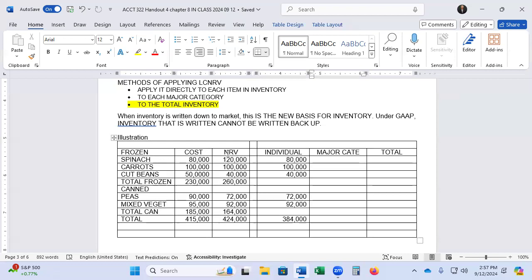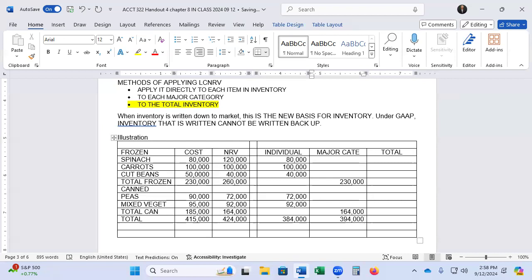Okay, now we're just looking at major category. What we would do is see, we have two categories, frozen and canned. And so for the frozen, we'd look and say, okay, our cost, 230,000, is lower than our net realizable value. And then for canned vegetables, the net realizable value, 164,000, is lower. And so when we add this up, we get 394,000.